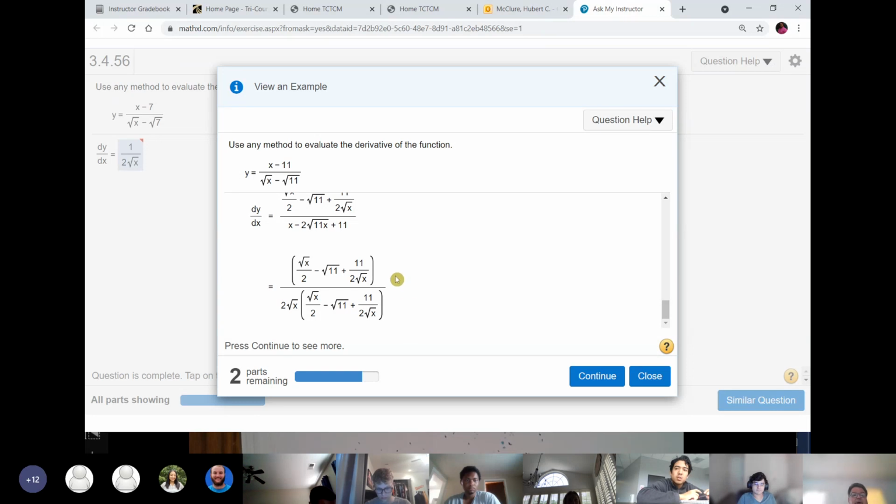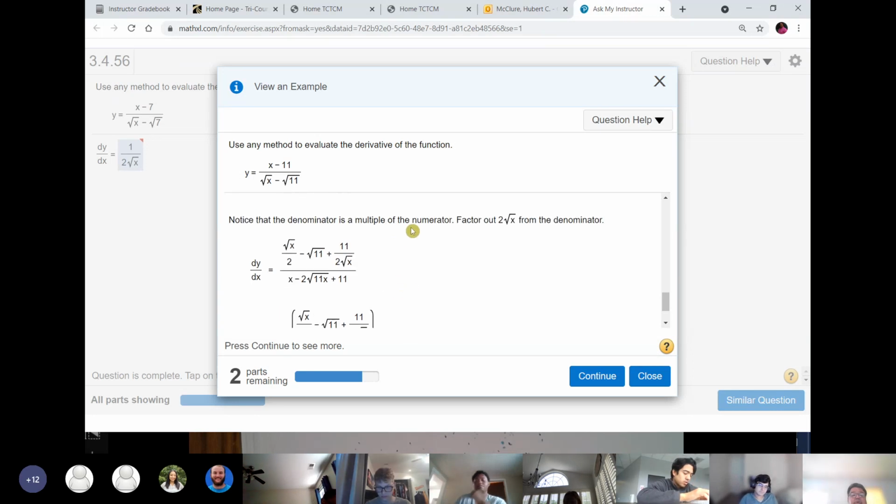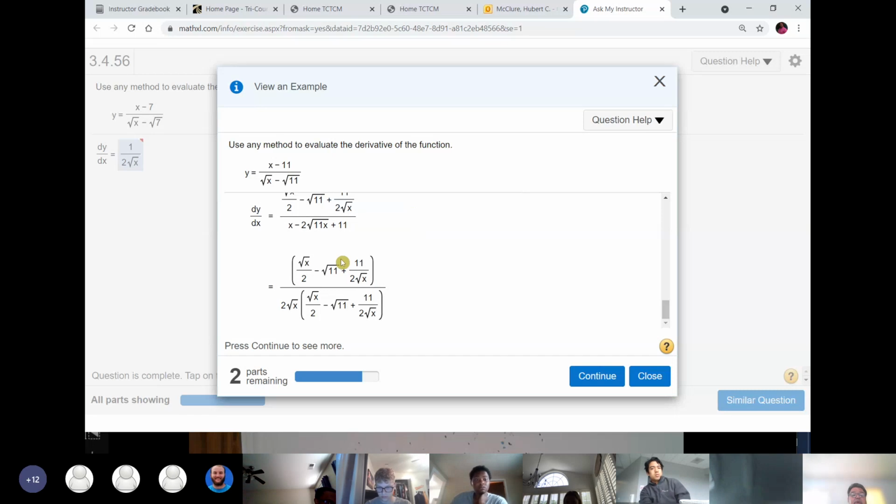Anybody got any suggestion? Because they've cut out 2 or 3 steps right there. I'm looking. No, I don't see. And then they got 2 square root of x. They look like they factored. It looks like they factored 2 square root of x.